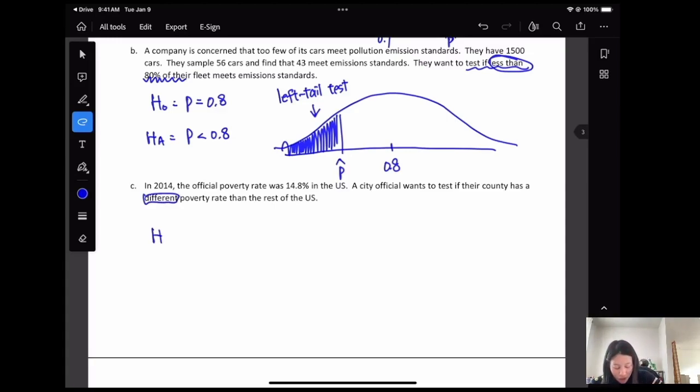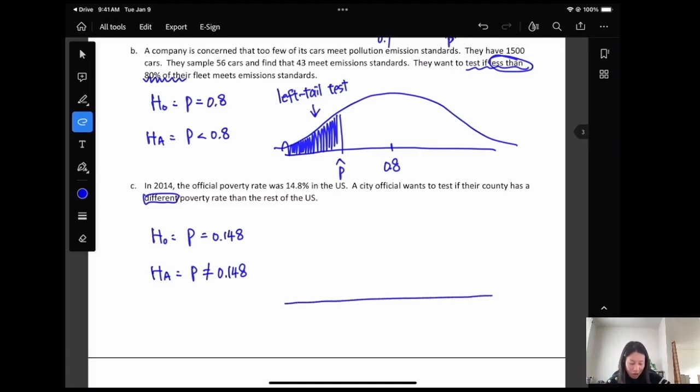So the current value, which is our null hypothesis, is equal to 14.8%, so the null hypothesis is p equals 0.148. The alternative hypothesis is something that proves that it's different. If it's different, we use not equal to. So we want to prove that p is not equal to 0.148.